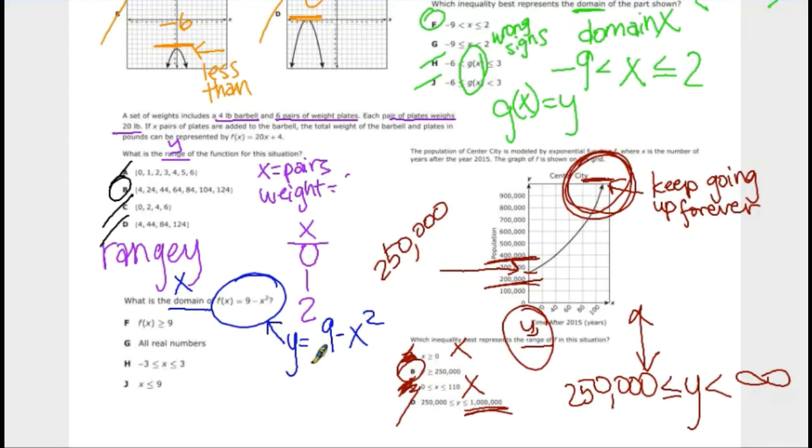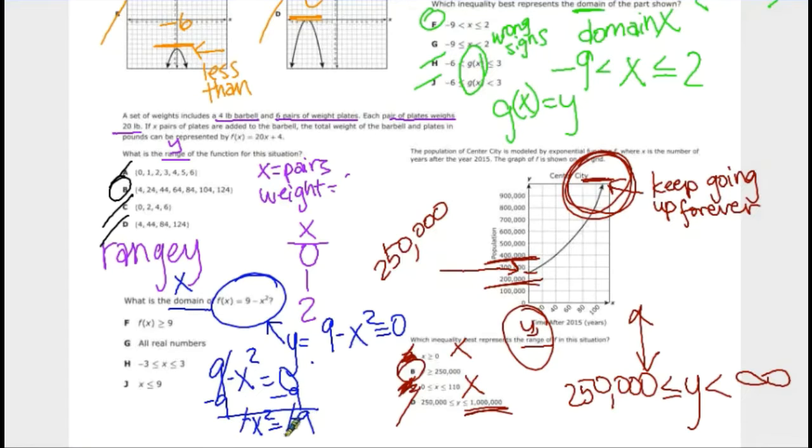So I know that if I want to find the range, then I'm going to set this equal to 0. So 9 minus x squared equals 0. We're going to subtract 9. We end up getting negative x squared equals negative 9.